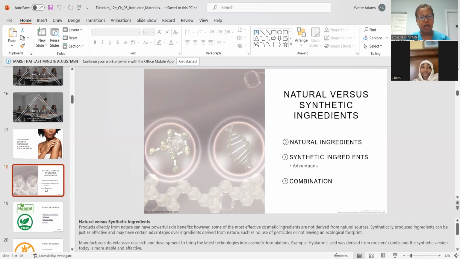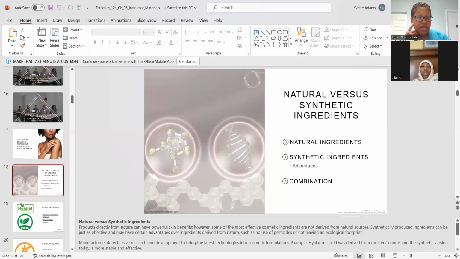I can tell you one. You always think, oh, synthetic is bad and natural is good, right? But a lot of times you can avoid a lot of allergic reactions with your synthetic products. Because they're lab created and not naturally occurring in nature, you can avoid a lot of allergens from synthetic lab created products.